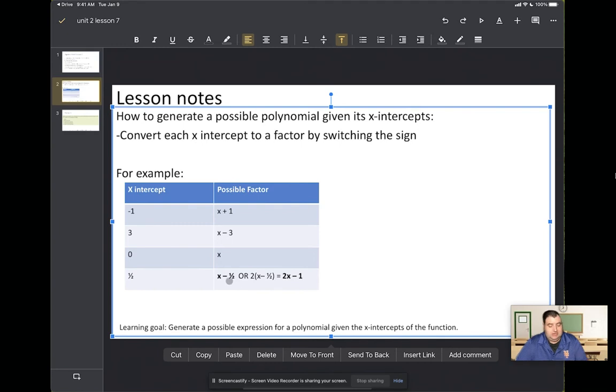So notice what I did here: I took x minus 1/2 and multiplied both terms by 2. So 2 times x is 2x, and 2 times negative 1/2 is -1. That's what we're going to do when we end up with an x-intercept that is a fraction.